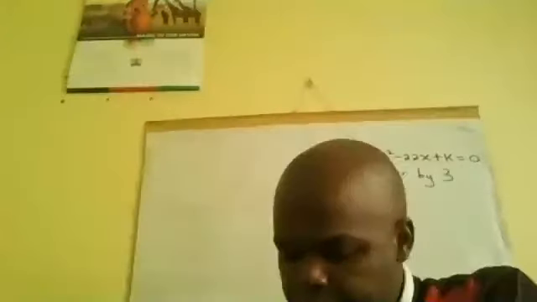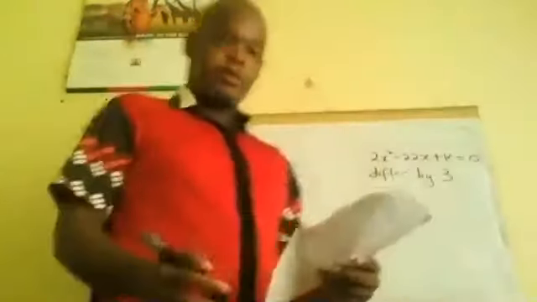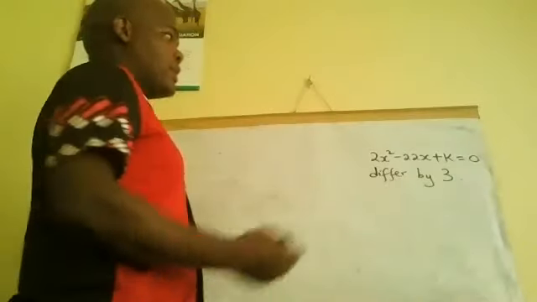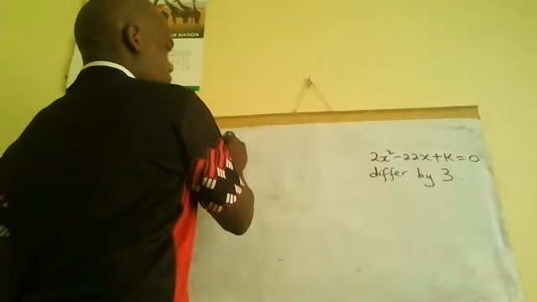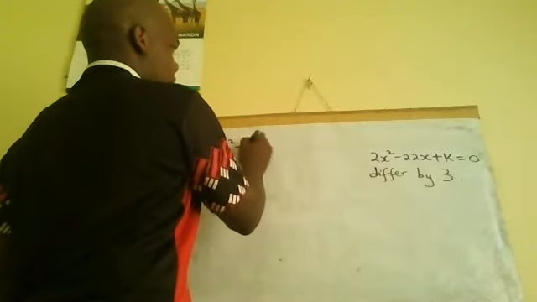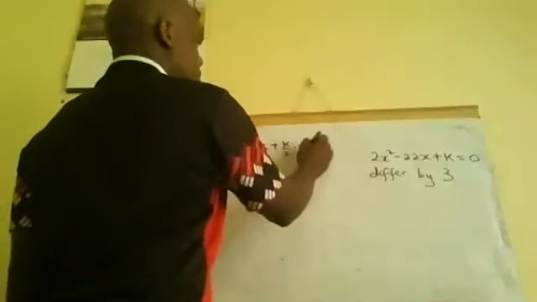So let us hurry up. Maybe to assist you so that we move faster, in this case, just divide through by 2, and then we have x squared minus 11x plus k over 2 is equal to 0.